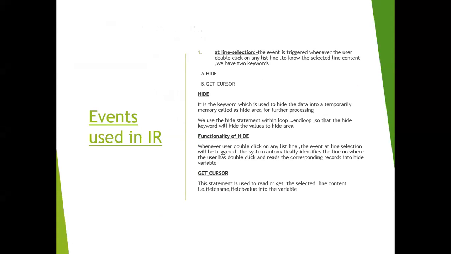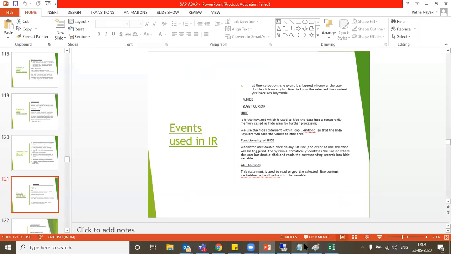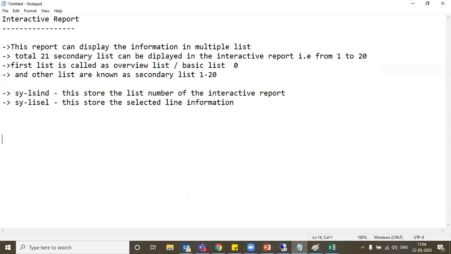Now there are different events. Apart from the events we utilize in the classical report, we have a different sort of events in an interactive report. What are those events? Let us discuss more clearly. So what is the event?